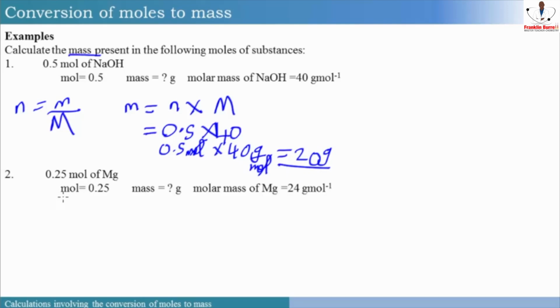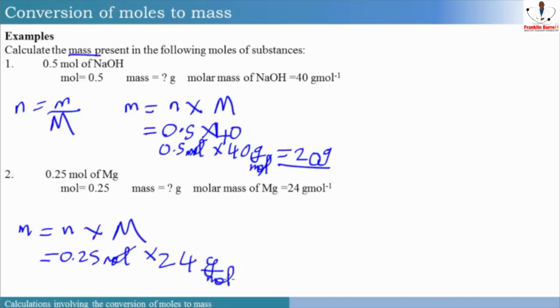Let's try example 2. Here, we know that we want to use the relationship mass equal moles times molar mass. So we know the moles to be 0.25 moles, and we know the molar mass of magnesium is 24 grams per mole that we get from the mass number of magnesium.